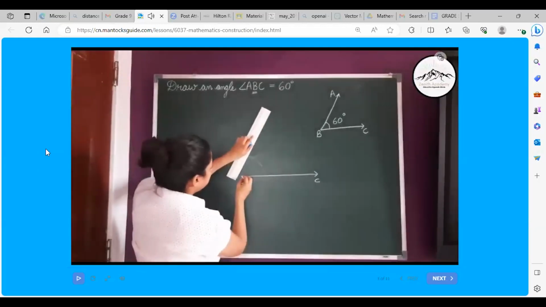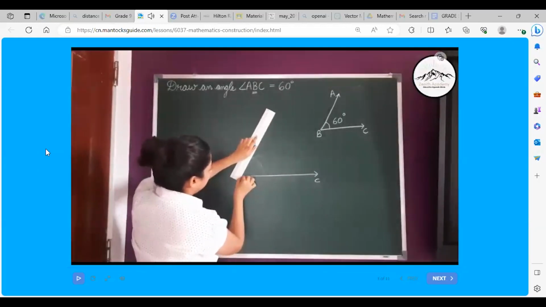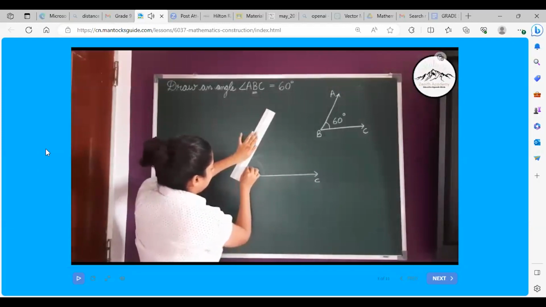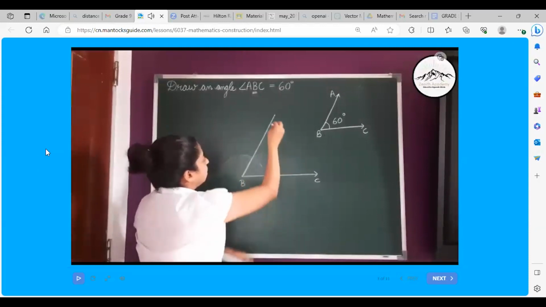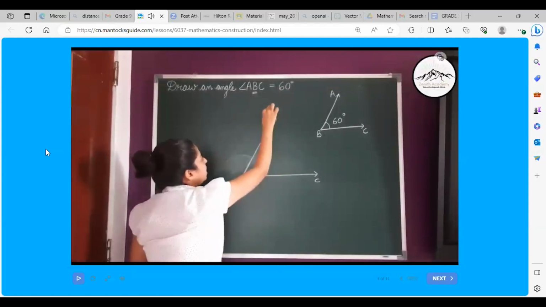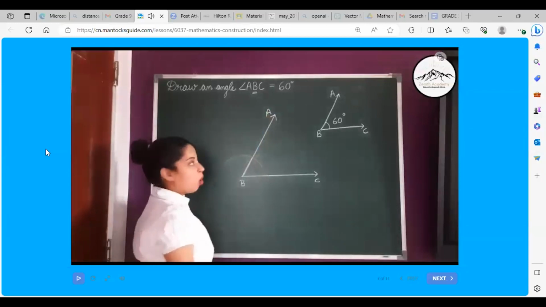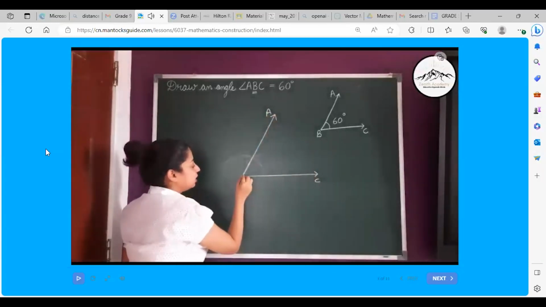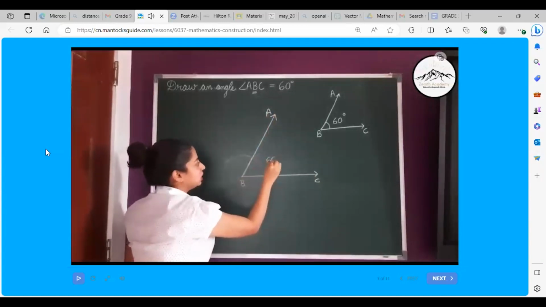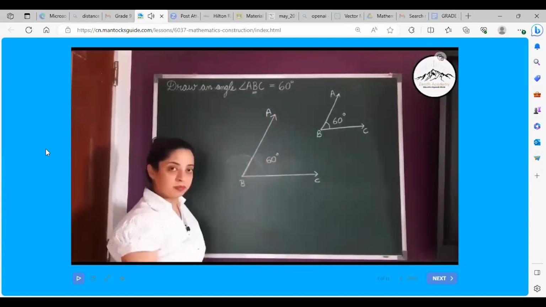So keep your scale such that both of them are in the same line and then just draw this and mark this as A. Always remember to mark the arrows on both the ray ends, and this is the vertex. So this is 60 degree.